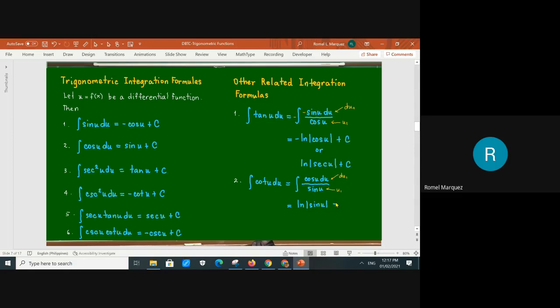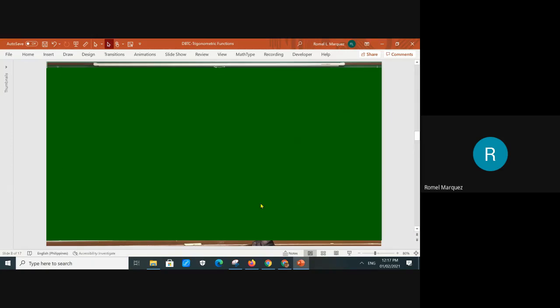Alternatively, you can have it as negative ln of cosecant of u plus c, because if I raise cosecant to negative 1, that is 1 over cosecant, and 1 over cosecant is sine. Okay, guys?